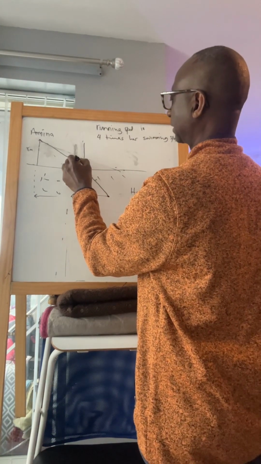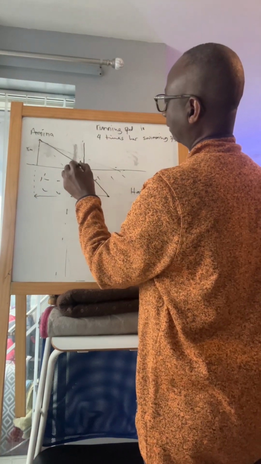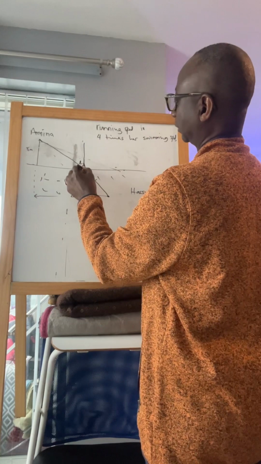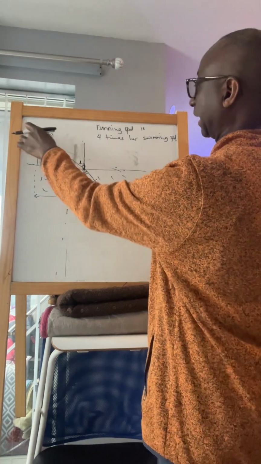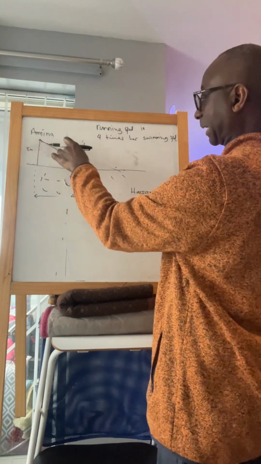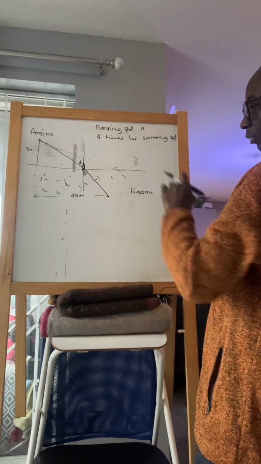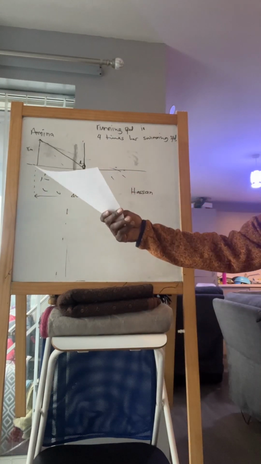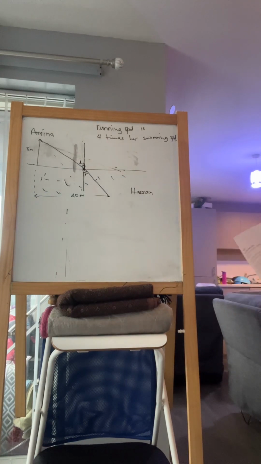So if she enters with this angle, she enters from the land with this angle, and when she enters the water with this angle we call R, enters with I from the air and in the water with angle R. Right?